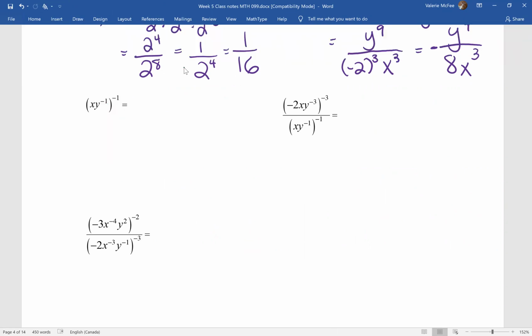All right, everything inside is raised to the power of negative 1. X to the power of negative 1, move it to the denominator. Negative 1 times negative 1 is positive 1.